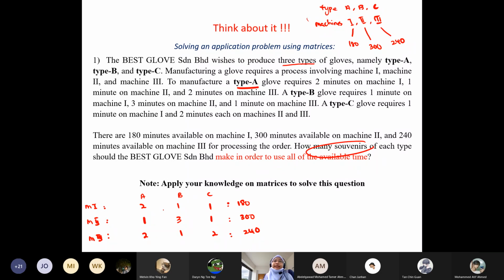So let's say how many gloves machine 1 can produce. How many gloves of type A can machine 1 produce at 2 minutes each? Let's say we have variables: we take X, this one Y, this one Z.